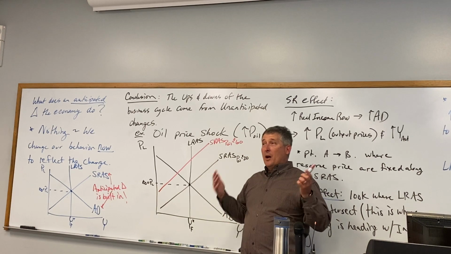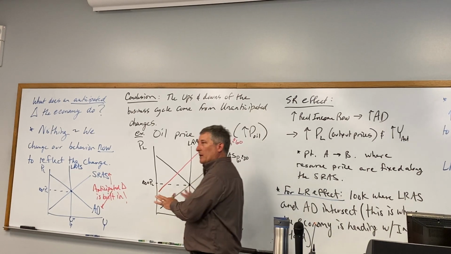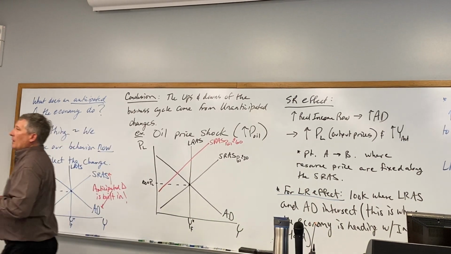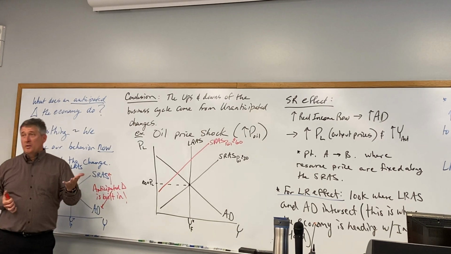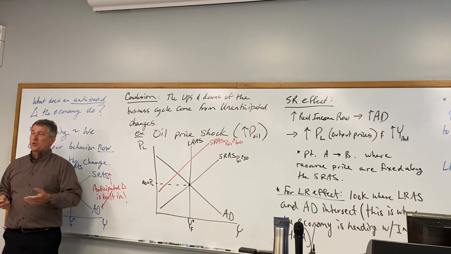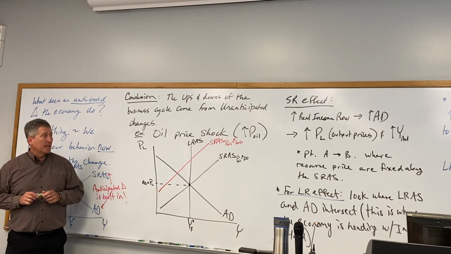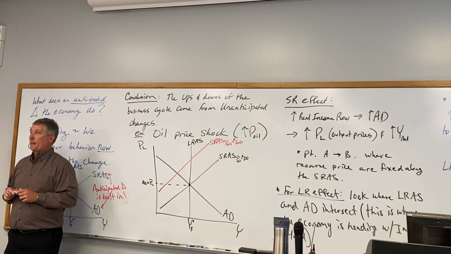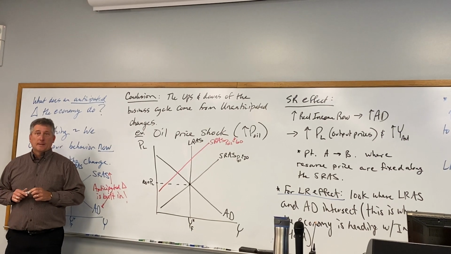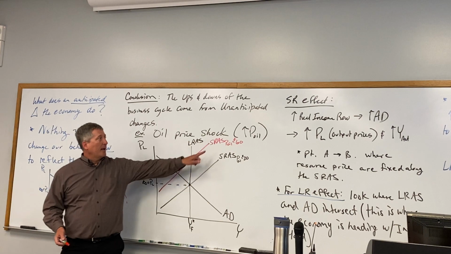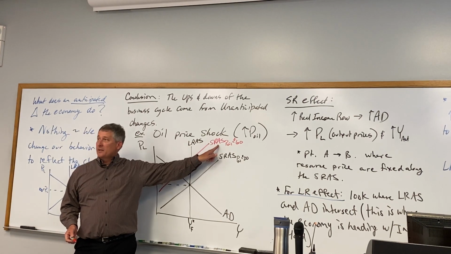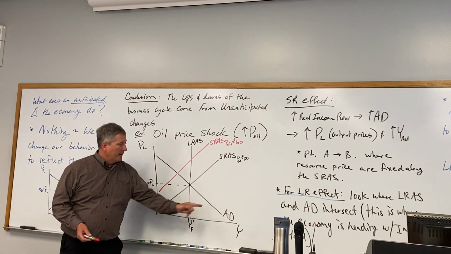All right, so now we can go back to our tool. We got our toolbox here. Where is the current state of the economy always shown? What's the current short-run equilibrium? The intersection of what two things? Aggregate demand and short-run aggregate supply, right? So that is the short-run equilibrium.